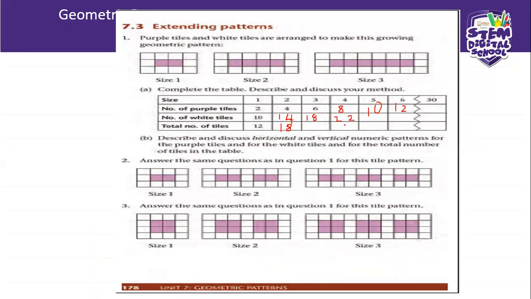Then 6 plus 18 is 24, and 8 plus 22 is 30. The difference in the third row is 6. So we have a pattern here, a pattern here, and a pattern here, which will help us tell how much it is per size.